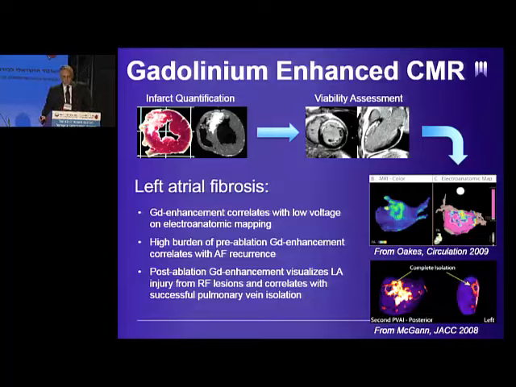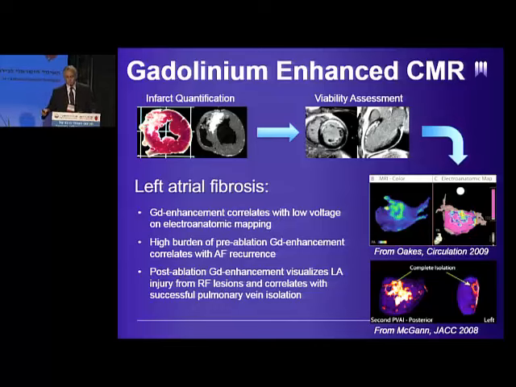One of the main advances in cardiac MRI is the use of gadolinium to develop delayed enhancement imaging. This was first applied in the setting of myocardial infarction. This is a pathologic specimen showing the myocardial infarction here, and here's delayed enhancement imaging showing the nice correlation of the scar fibrosis to the actual MI.